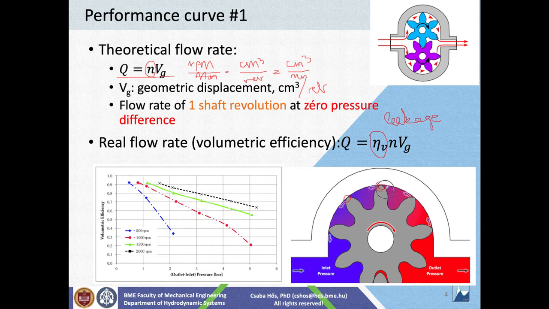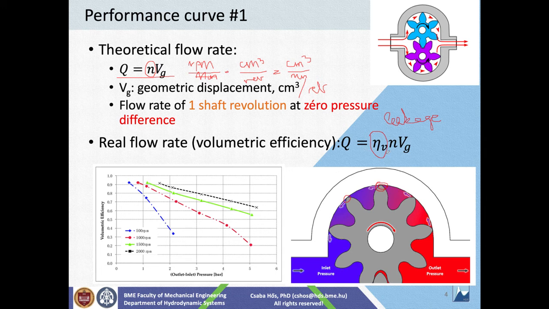Here at the tip of the gear there is a small gap, because you don't want the inner surface of the housing and the head of the gear to be in contact, because then you will have galling and all kinds of problems. So there's a small gap, and if there is a gap and there is a pressure difference, then there will be a leakage flow, a backflow.